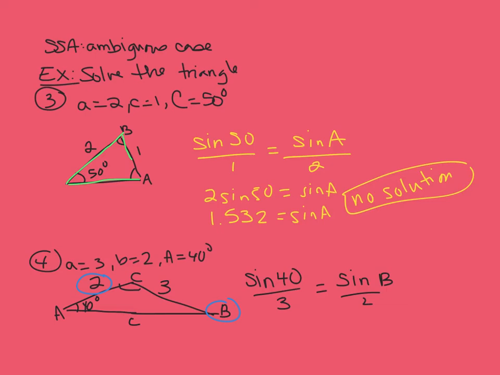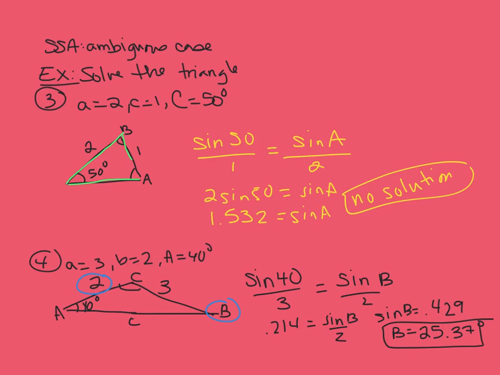So on this one, you actually should be able to work it out. On my left side, I got 0.214 is equal to sine of B over 2. And when I multiply both sides by 2, I get sine of B is equal to 0.429. That's actually an okay value because it is in the domain. I ended up getting that B is equal to 25.37 degrees.